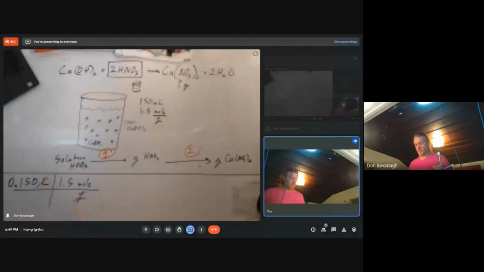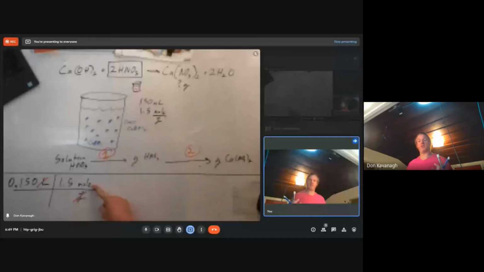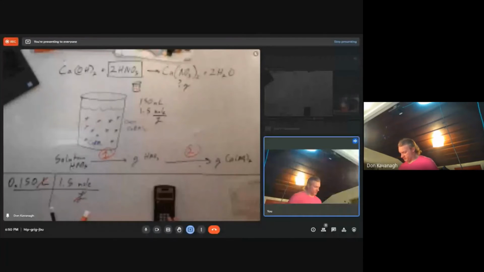I'm trying to solve for grams. Ding, ding, ding, ding, ding. The molecular weight contains both those units, grams and moles. In fact, it's grams per mole. Let's calculate the molecular weight of HNO3 to plug into our scaffold.